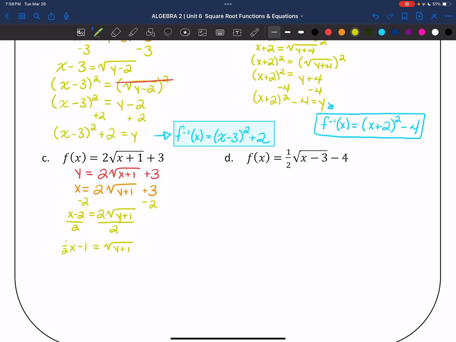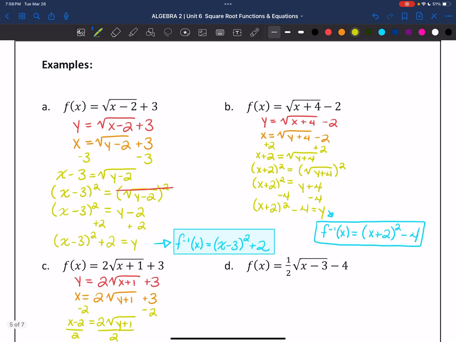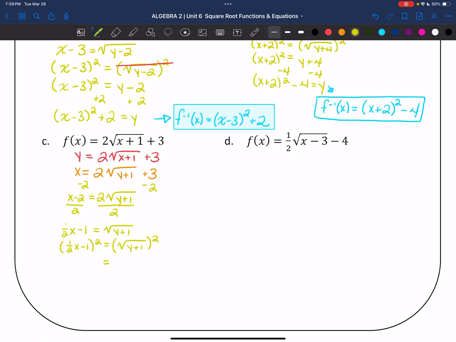All right. So now that we've done that, we want to go ahead and undo our radical by taking each side and squaring it. So I'm taking my square root and squaring it so that all I'm left with is the expression that was my radicand.